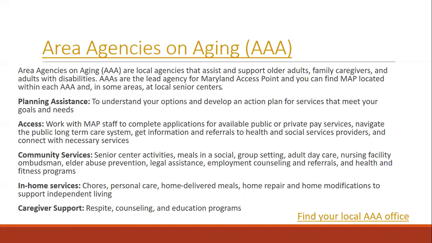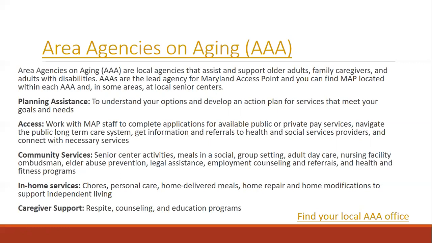They can help you with planning assistance to understand your options and come up with an action plan for services that meet your goals and needs. They can help you with access, so you can work with MAP staff to complete applications for available public and private pay services, navigate the public long-term care system, get information and referrals to health and social services providers, and connect with necessary services.